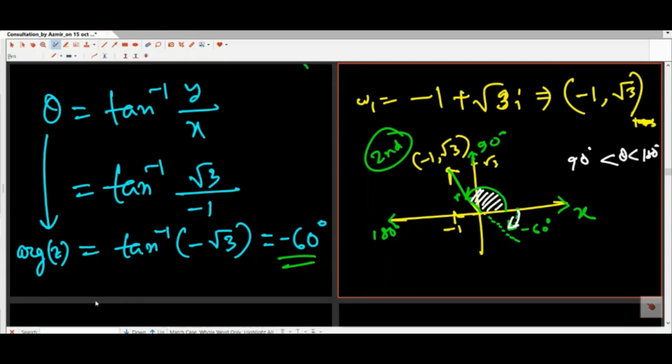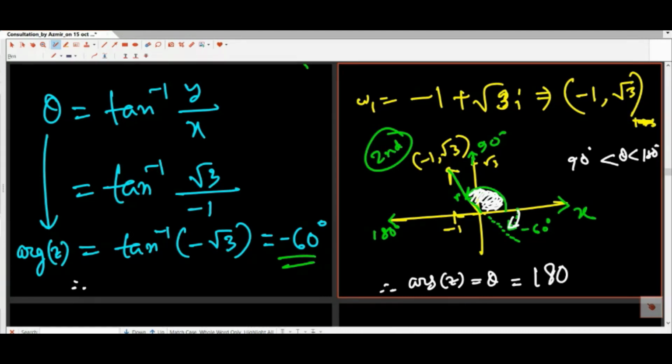So what we have to do? The argument of z, that is theta, will be what? Can anyone say? Sir, 120 degree. 120 degree. That means the total angle is 180 degree, minus 60 degree.